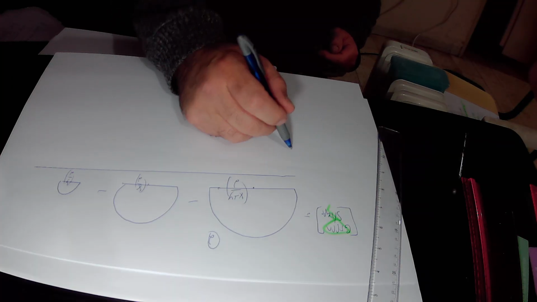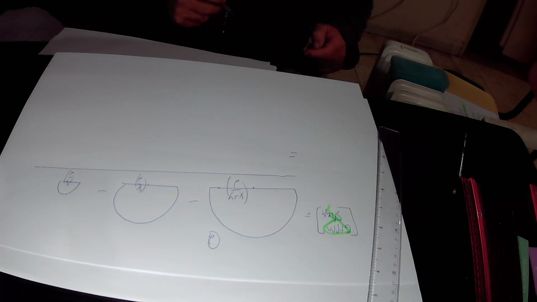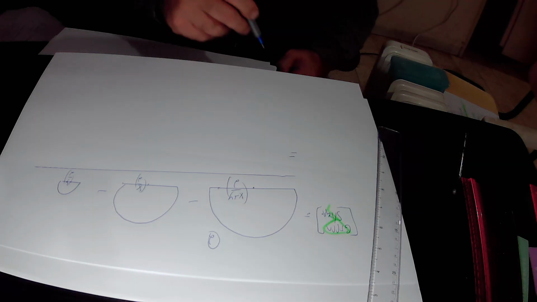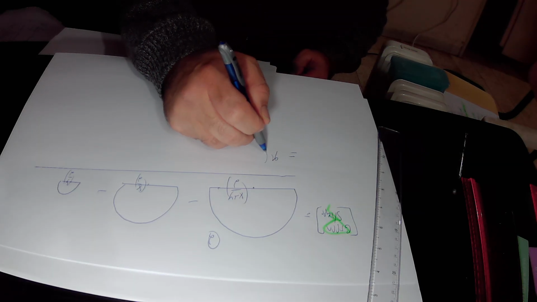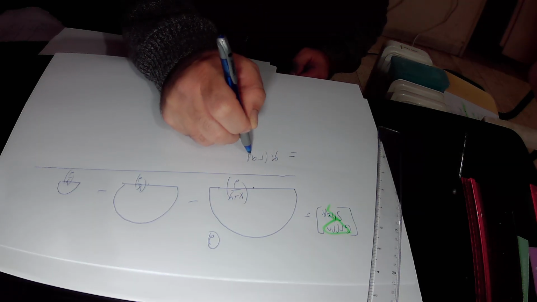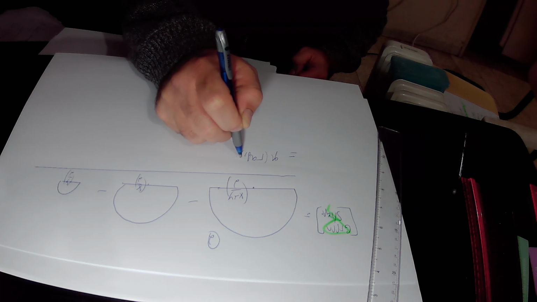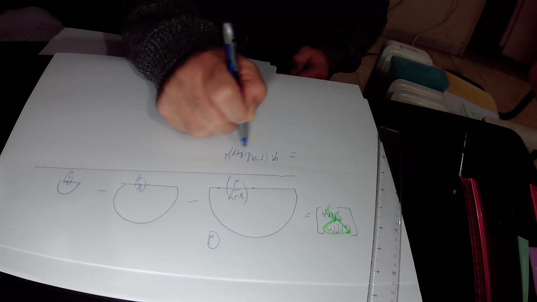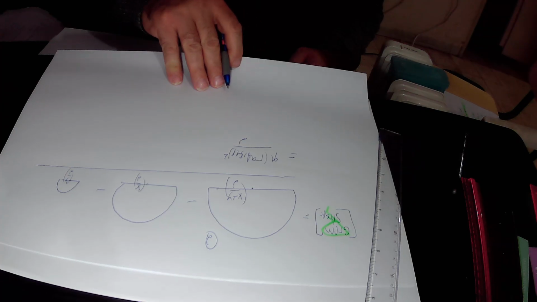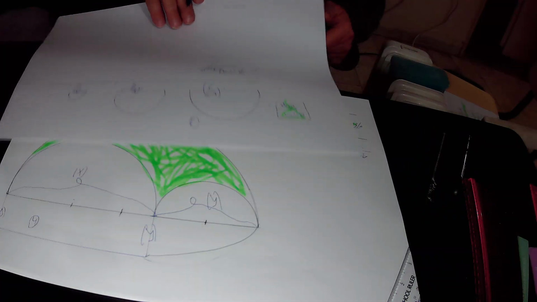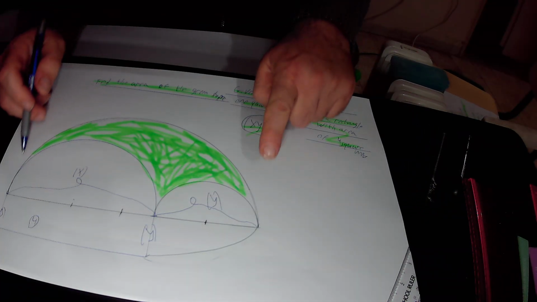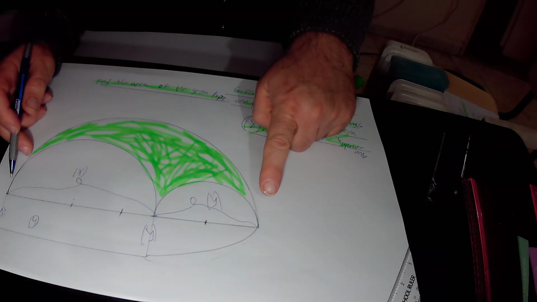So the area of the biggest semicircle equals pi times the radius of the semicircle squared over 2. The area of this biggest semicircle equals pi times the radius of this biggest semicircle squared over 2.